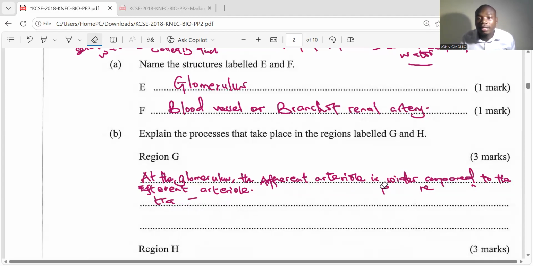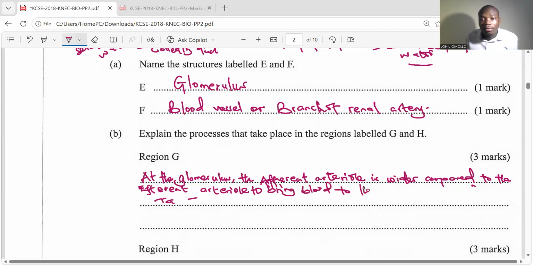So we need to jot that down. That is a very, very critical point.